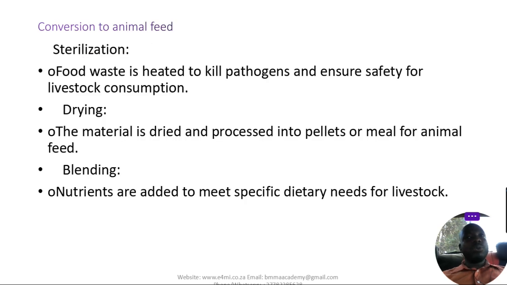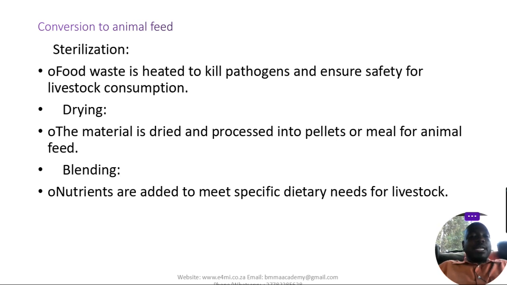If we want to convert food waste into animal feed, first of all you have to sterilize it by killing pathogens, because it is going into the stomachs of those animals. You have to make sure that any pathogens are dead before it gets to that stage.